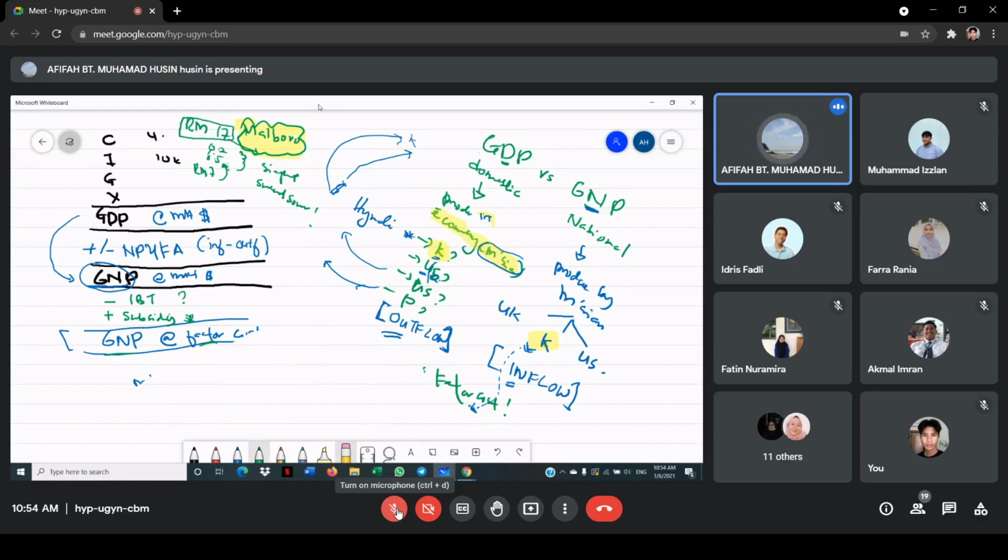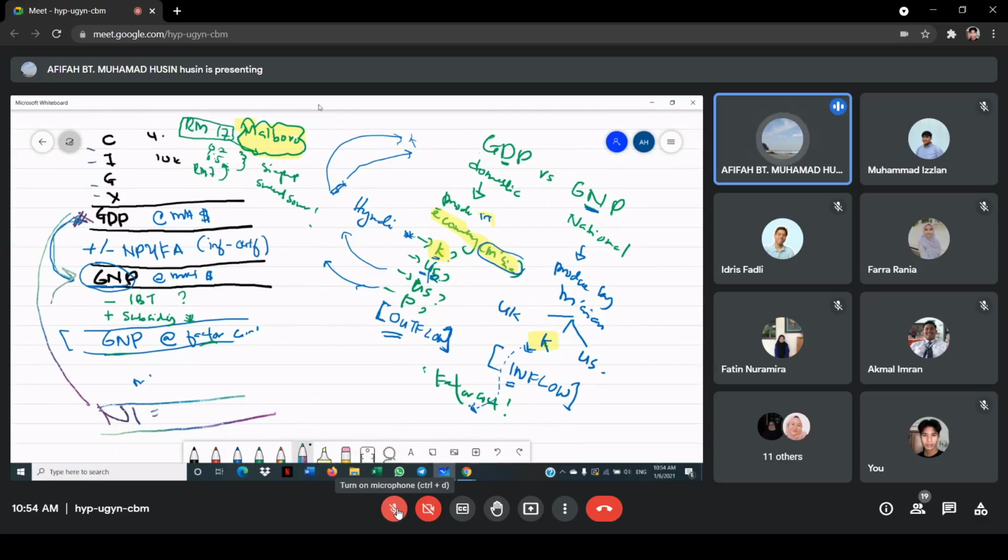Okay, sebab kita nak kenapa ni? Question says, calculate GDP or calculate NI. Last kali awak akan ada NI, national income. How to calculate the national income? First of all, you have to calculate GDP. How to calculate GDP? C plus I plus G plus net export will give you GDP. From GDP, you have to find GNP market price.